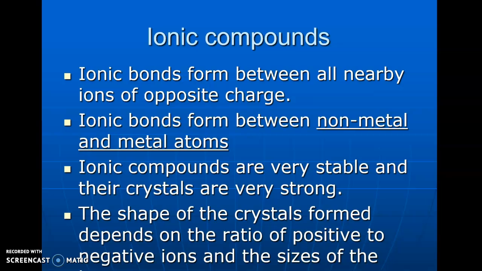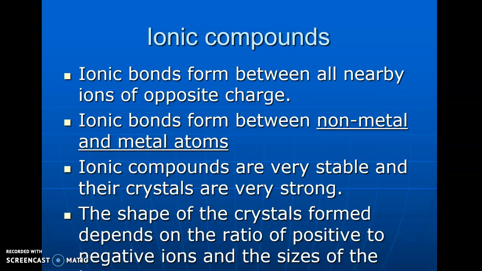Because each of these atoms has actually achieved what they want, a full valence shell, ionic compounds are very, very stable. They're made up of ions that are now much more stable than what the parent atoms were in the first place.